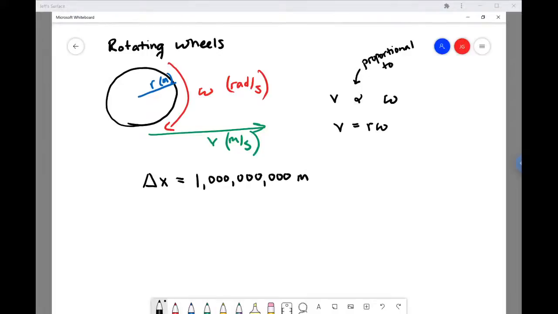So that's how far the wheel has traveled. That's a linear distance, but you want to figure out how many rotations that corresponds to. How would you figure that out if you know the total linear distance that the wheel traveled as it rolls along the road? Who knows that?